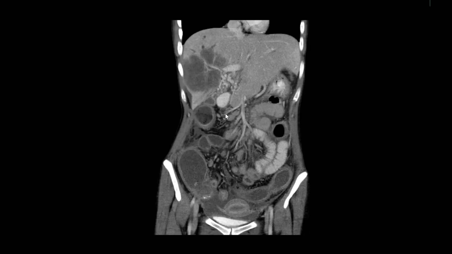So what's your differential diagnosis of a liver lesion in a patient with inflammatory bowel disease, ulcerative colitis specifically? Sir, sclerosing cholangitis and also pyogenic cholangitis would be with this. Differential diagnosis for hepatic lesions in a patient with inflammatory bowel disease.